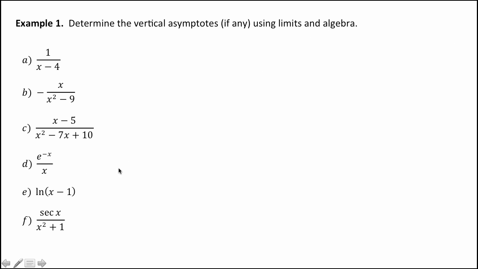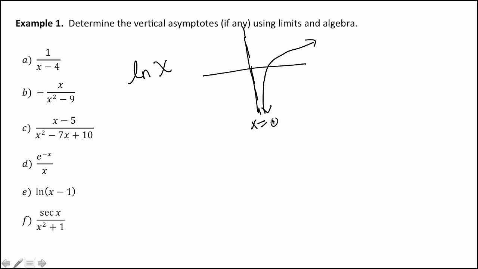Okay, so we're going to do the natural log example here. You may know from a previous algebra course that the graph of natural log looks like this, with a vertical asymptote at x equals 0, because you cannot take the natural log of 0 or a negative number. It is undefined.